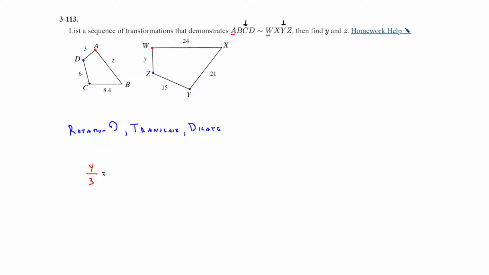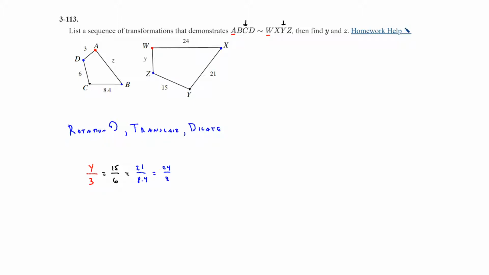So now this is equal to 6. Or no, we're going to go the larger one first, 15 over 6. And then we'll do the next one. B matches up with X. And so the next side length is 21 over 8.4. And then the final one is going to be 24 over Z.